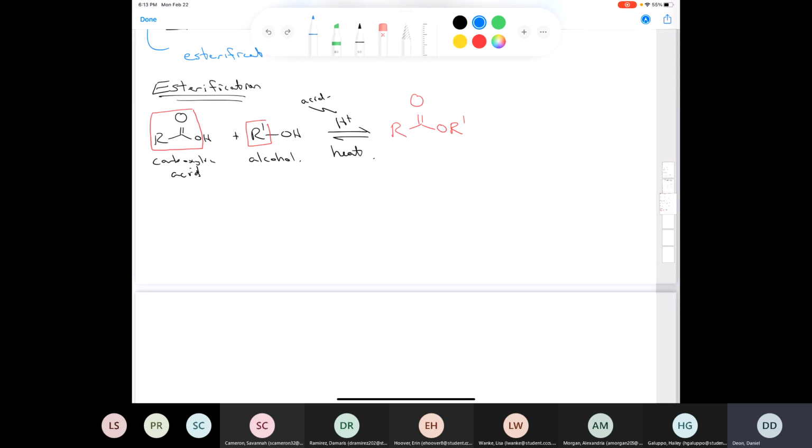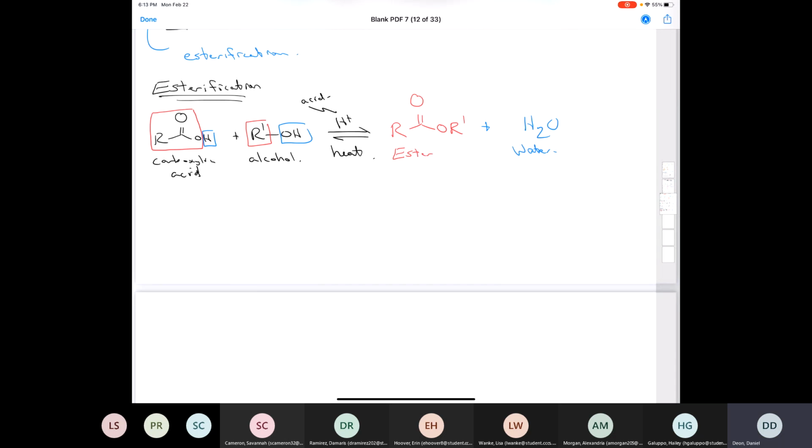And then from this hydrogen and this hydroxyl, we end up with H2O, okay? However you want to write it. I'm the teacher, so I'll try to write it as neatly as possible, okay? So carboxylic acid plus an alcohol, you heat it up in the presence of acid, and you end up with an ester, and you also form water, all right?